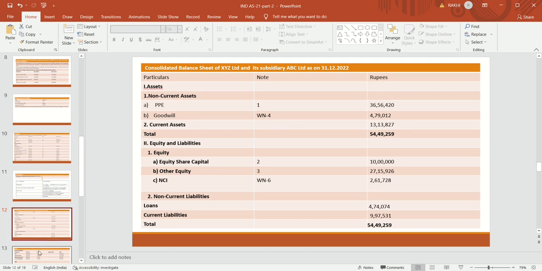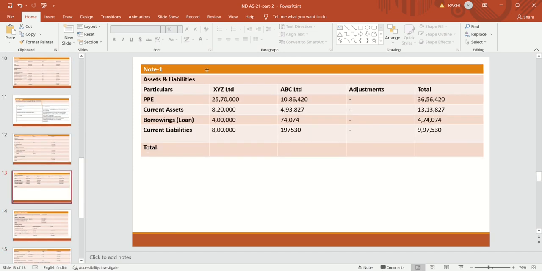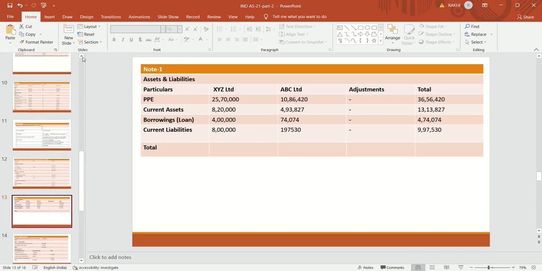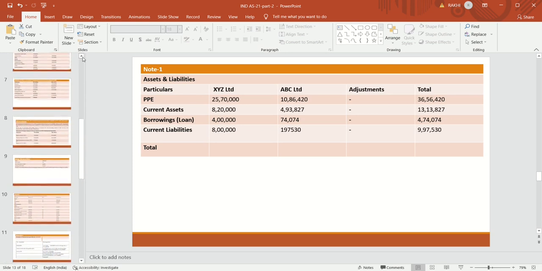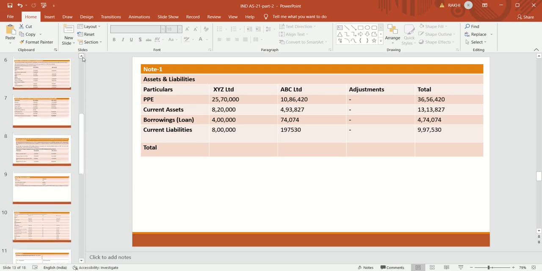So firstly we will make a note of that. First note is all the assets and liabilities are to be added. All the property, plant, equipment, current asset, borrowings, current liabilities, all is to be added of XYZ Limited and ABC Limited.